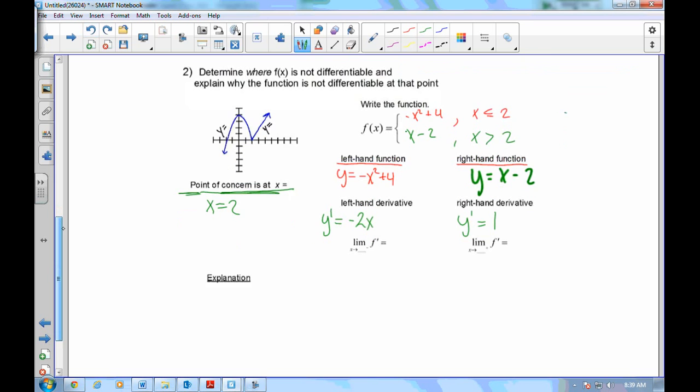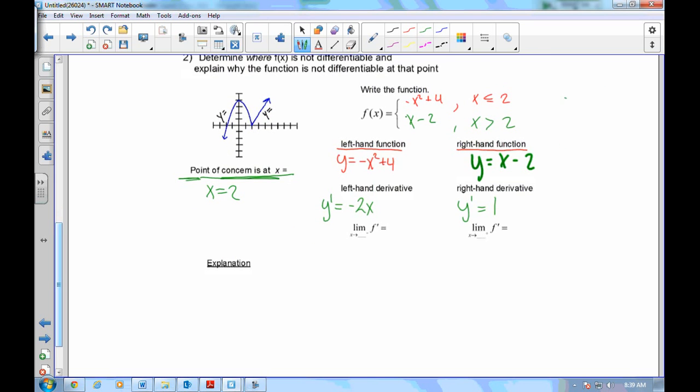Find the limit as x approaches 2 from the left of f prime of x, and the limit as x approaches 2 from the right of f prime. Have that point of concern.